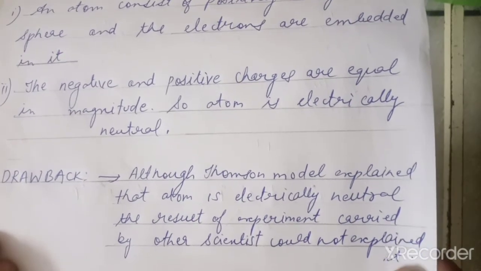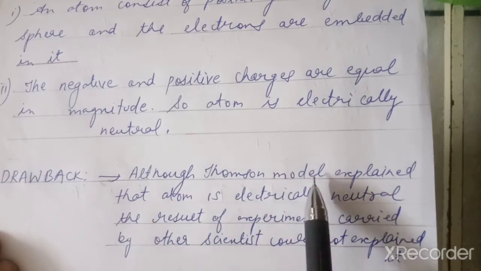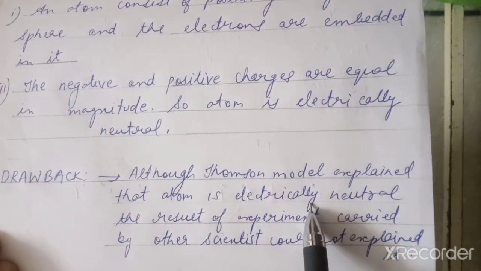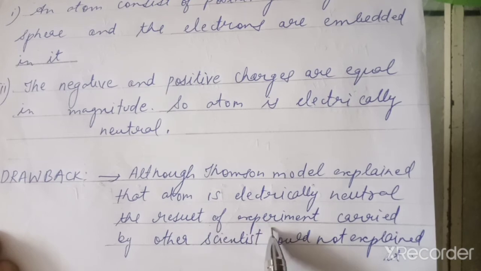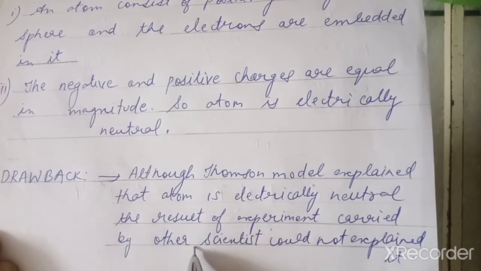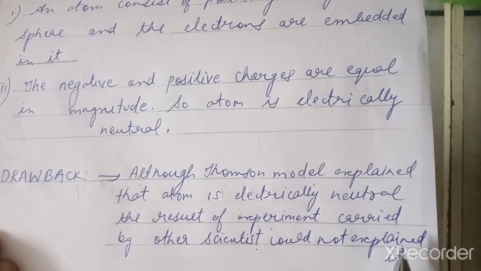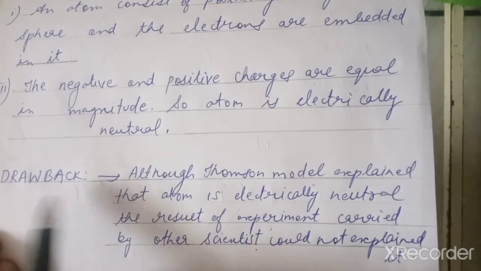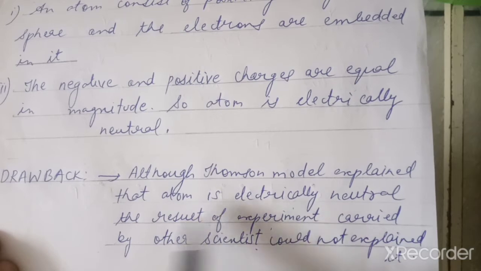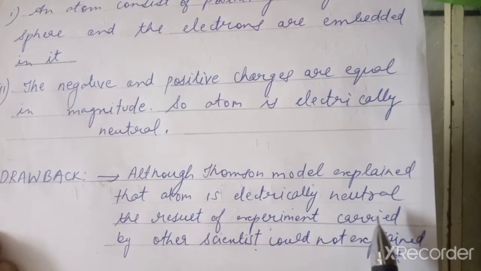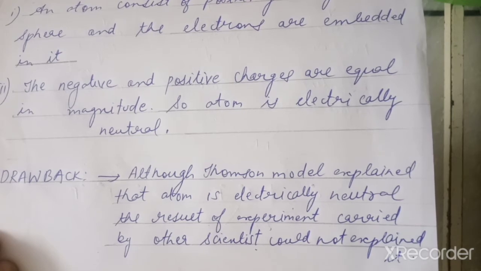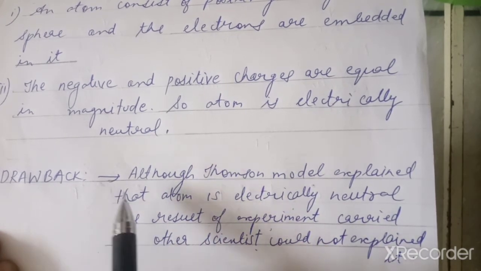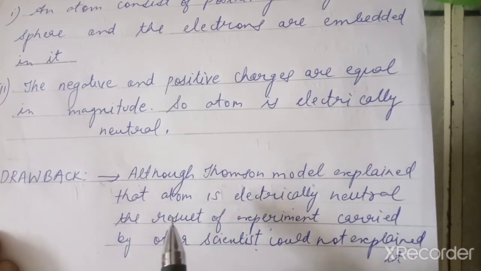Now, there is a drawback of this Thomson model. What is the drawback? Although the Thomson model explained that the atom is electrically neutral, the results of experiments carried out by other scientists could not be explained by it. What is the meaning of this line? The scientists who proposed the later models could not properly explain this Thomson model.